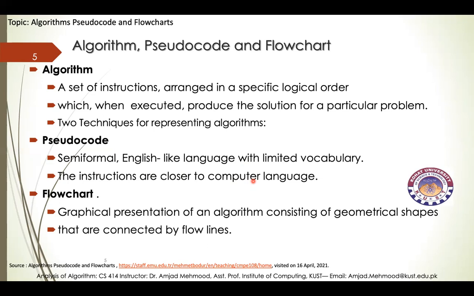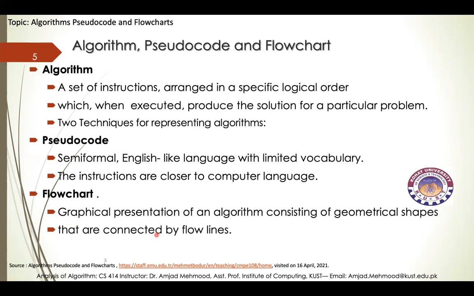For example, if you have Java, you cannot run the code of Java in C++ or in C, because they are language specific. But algorithm is independent. You can convert using any particular language like C++ or Java. Then you have flowchart. Now what the flowchart is: a graphical representation of an algorithm consisting of geometrical shapes that are connected by flow lines.